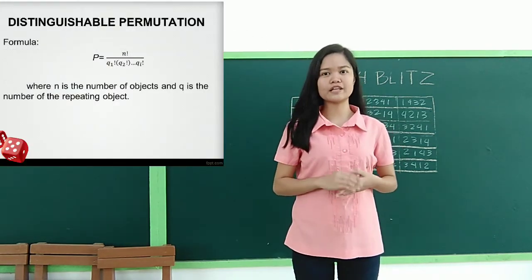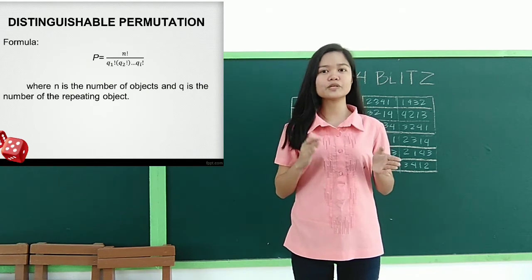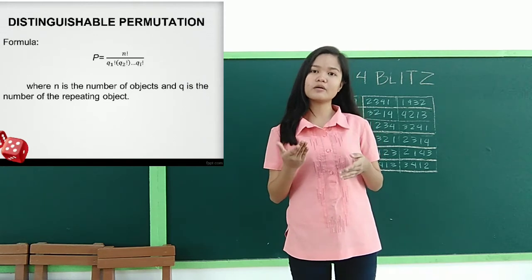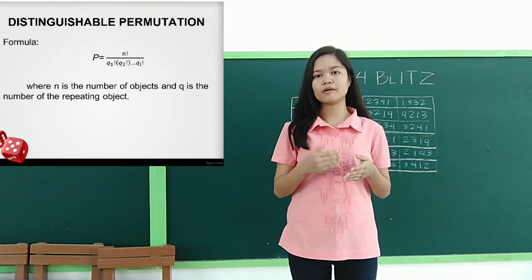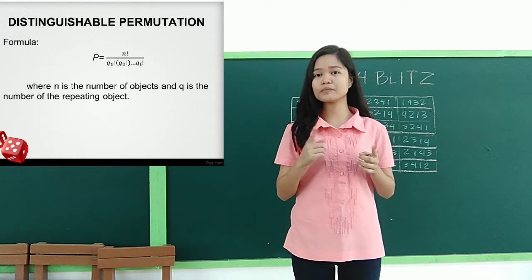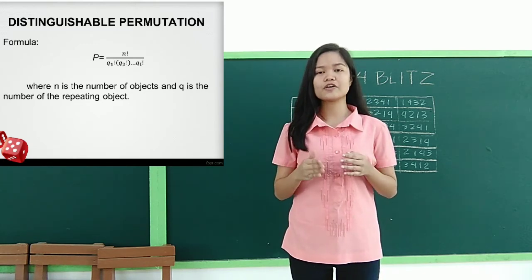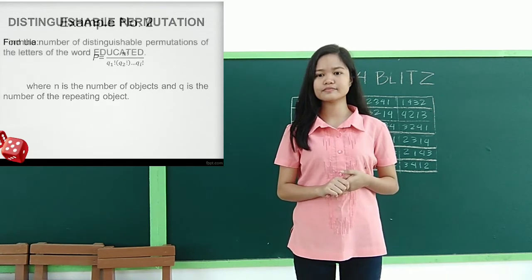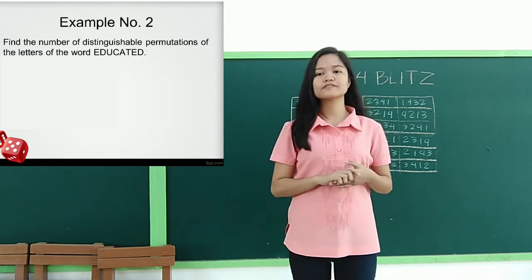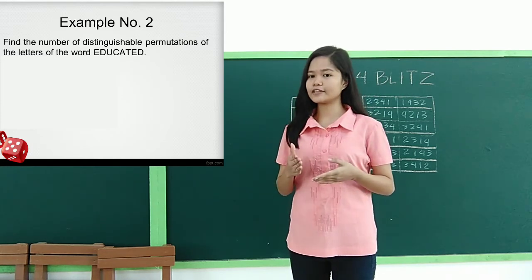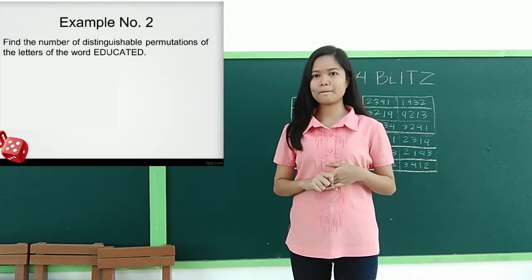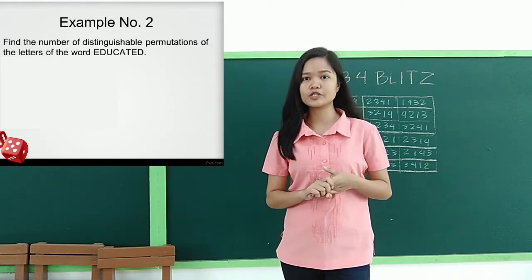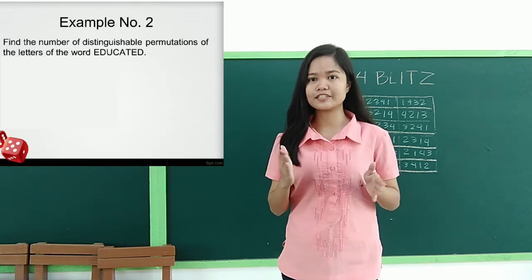Another permutation is the distinguishable permutation. This permutation is used when there are repeating objects, where n is the number of objects and q sub 1, q sub 2, and so on depend on the objects that repeat. For example, find the number of distinguishable permutations of the letters of the word educated, where n is the number of objects and q is the number of objects that repeat.